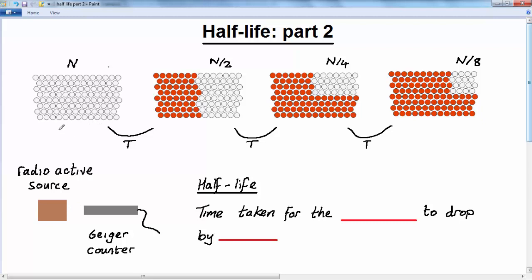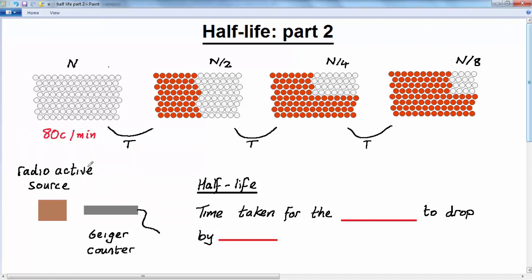Let's just say, for the sake of argument, that we find that the decay rate of this sample is 80 counts per minute when we start the experiment. In fact, I'm going to abbreviate that to give myself more space. So we'll write it as 80C per minute.